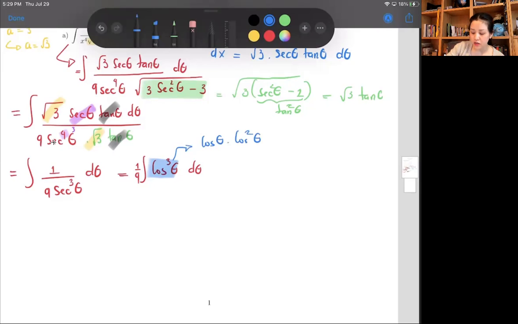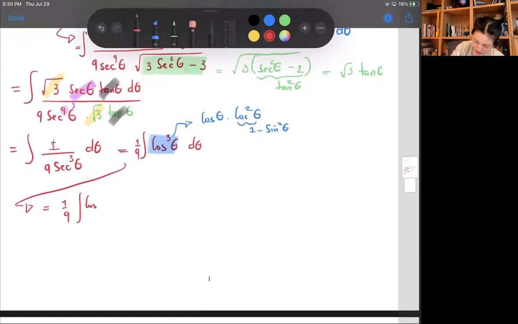But we know that cosine squared theta is equal to 1 minus sine squared theta. So this is equal to 1/9 times the integral of cosine theta times 1 minus sine squared theta d theta.